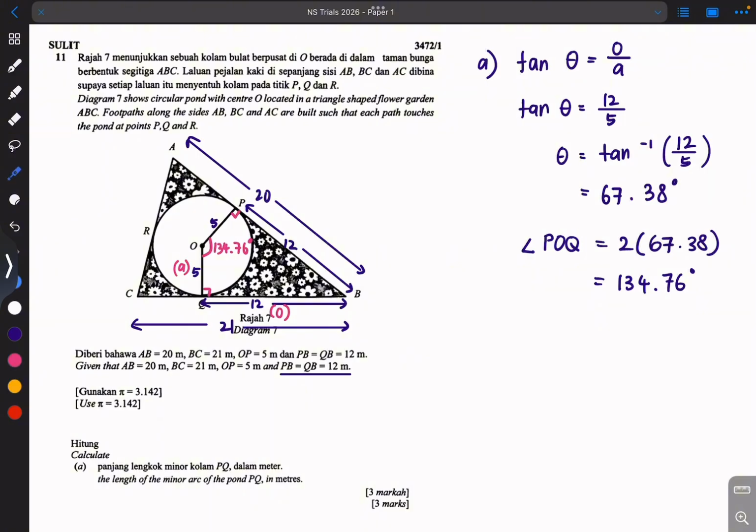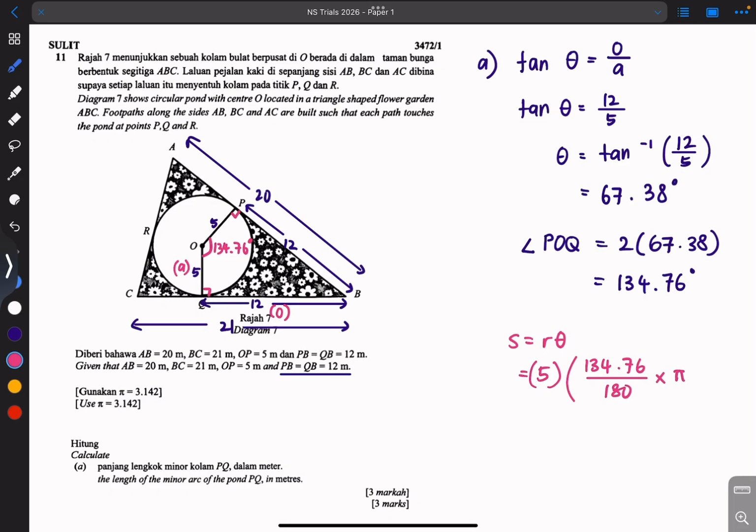Now we can easily find the arc length lah. We have the radius, we have the theta. But one thing you have to remember is, when finding arc length, your theta must be in radians. So radius is 5. This theta we need to convert to radians: 134.76 divided by 180 times pi.